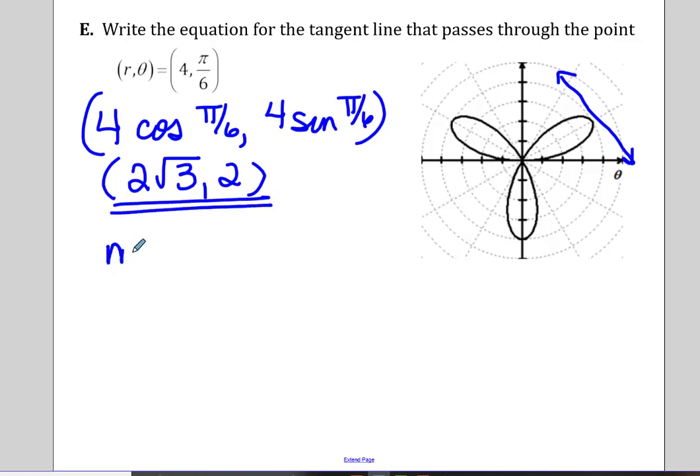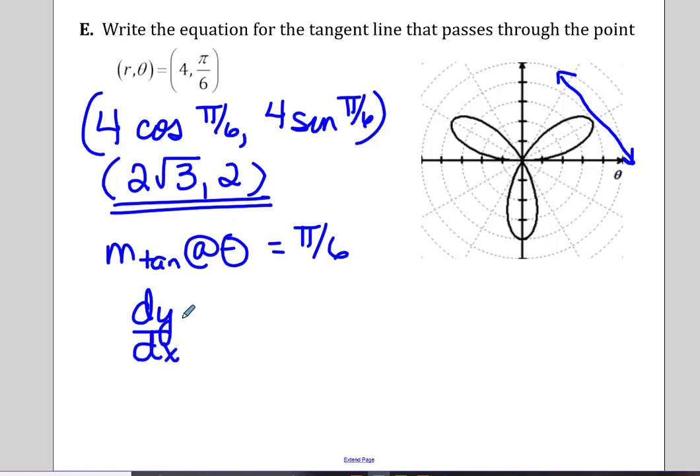We need a tangent slope at our theta, which was pi over 6, and what did that turn out to be from the previous example? dy dx, when theta was pi over 6, was negative square root of 3. So to write the equation for a tangent line, we need to have a point and we need a slope.